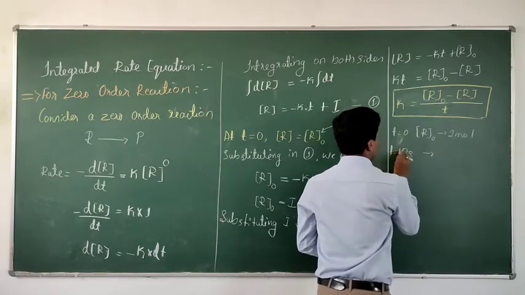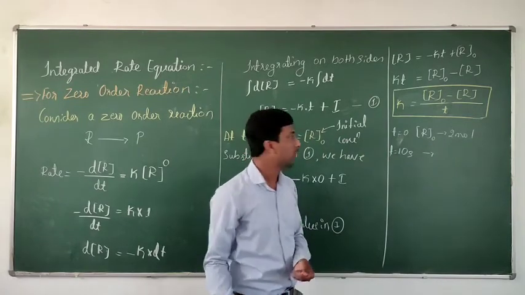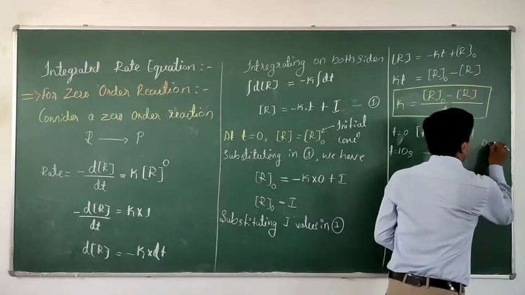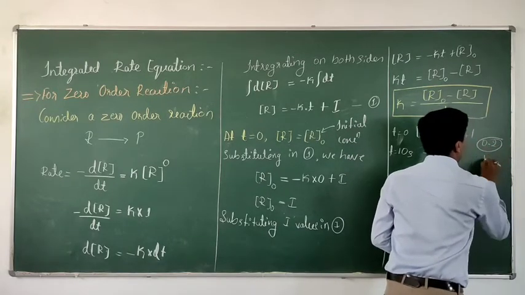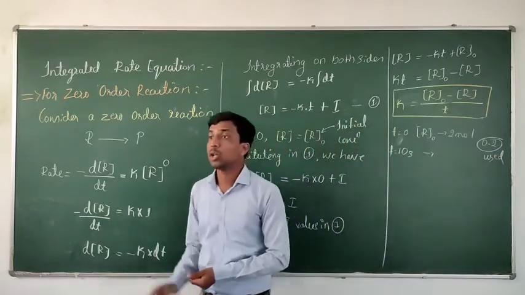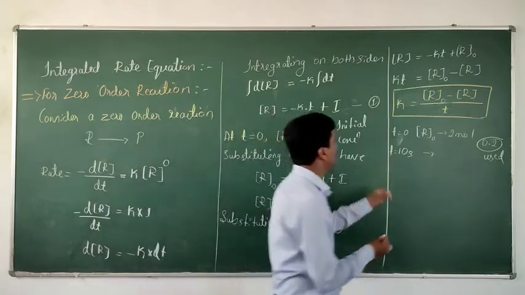Now t is equal to 10 seconds. Out of the 2 moles, 0.2 mole has been used. It has reacted. What is r now?